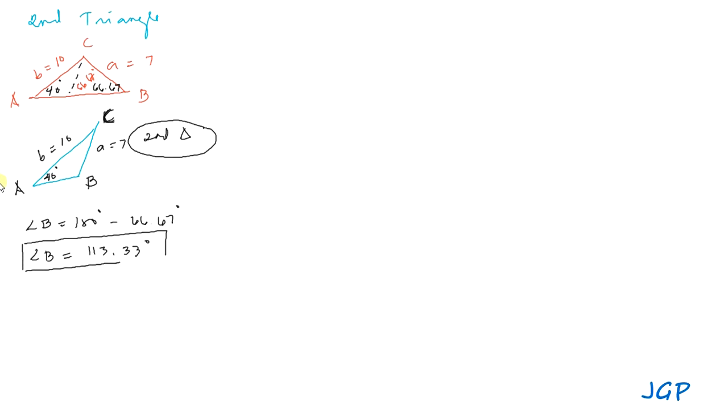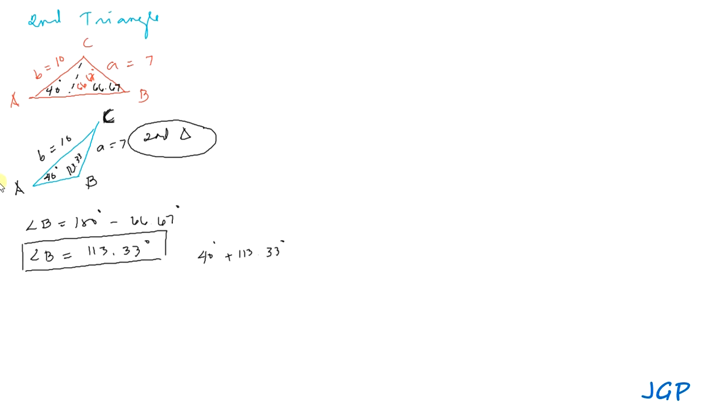Okay. How do you know that you can create a triangle? You will know once you add 40 degrees plus 113.33 degrees, it should be less than 180 degrees.